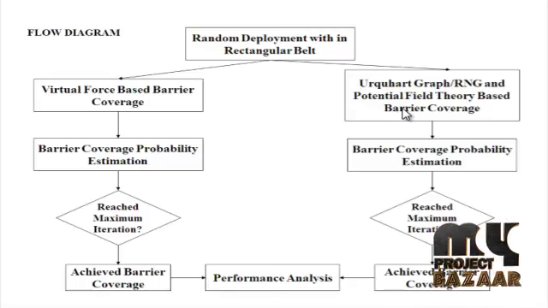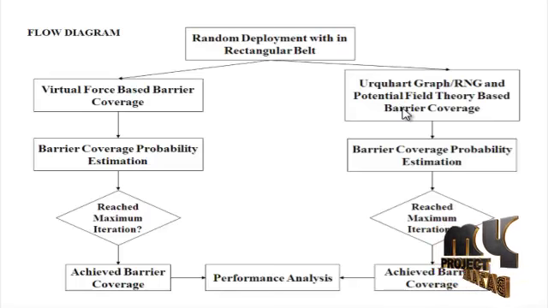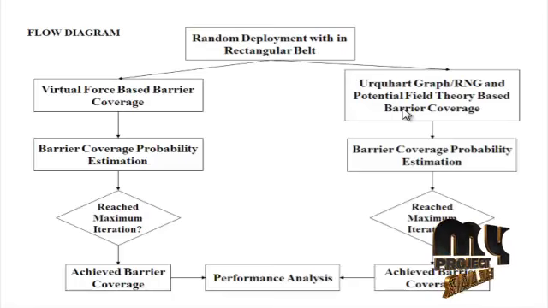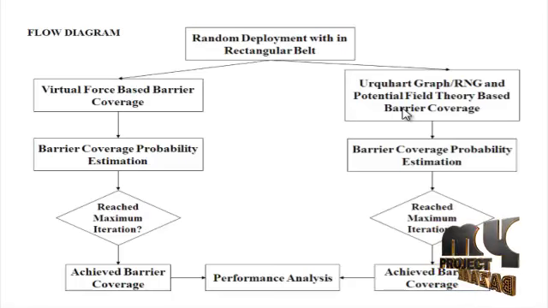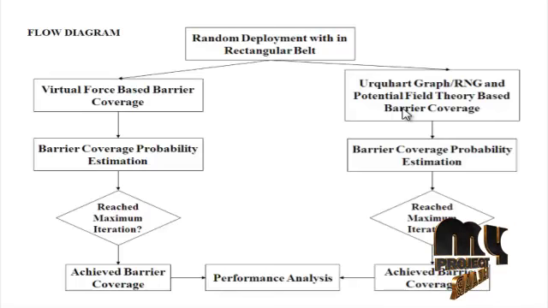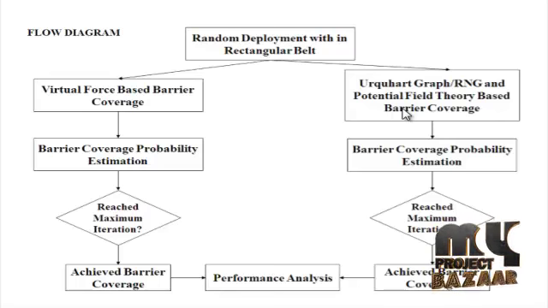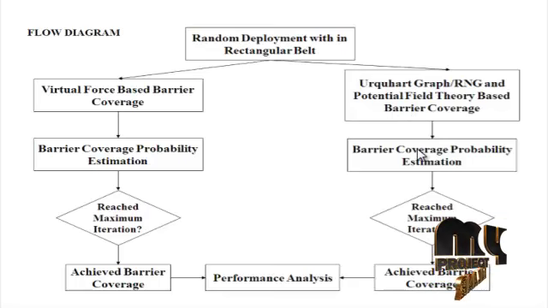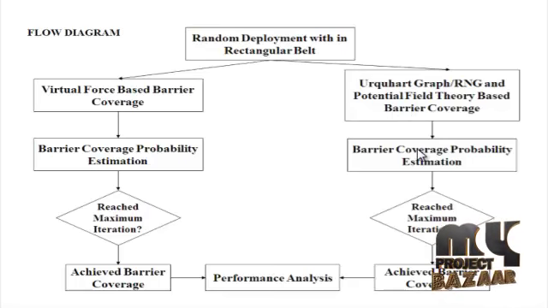The Gabriel graph, formed by removing the longest edge from every triangle in the Delaunay triangulation, was originally proposed as a fast method to compute the relative neighborhood graph. The barrier coverage probability estimations are then analyzed.